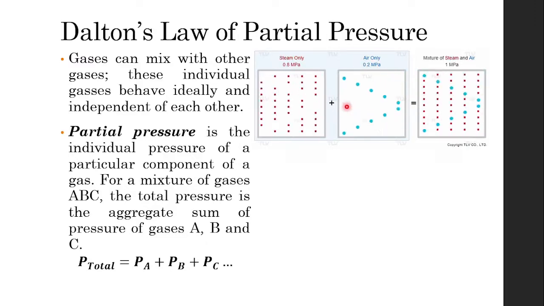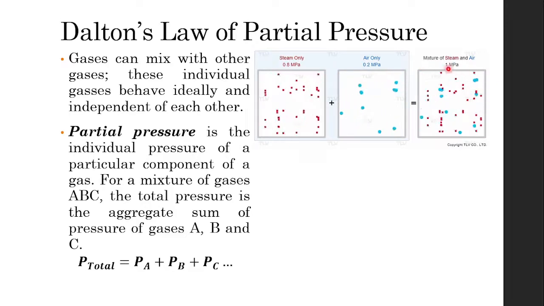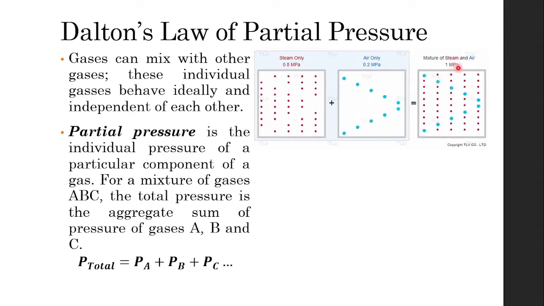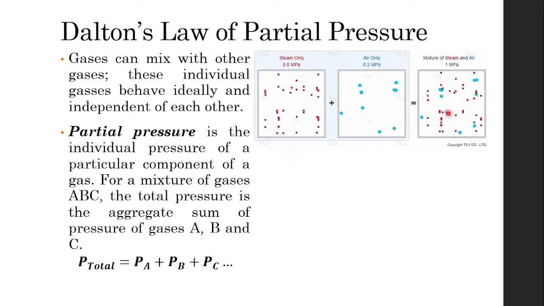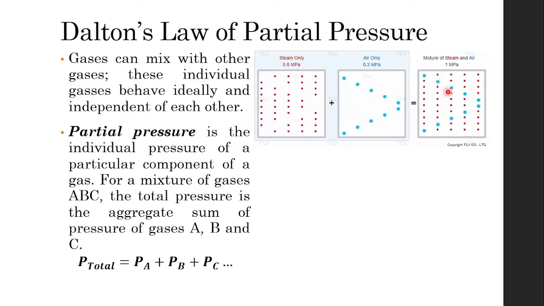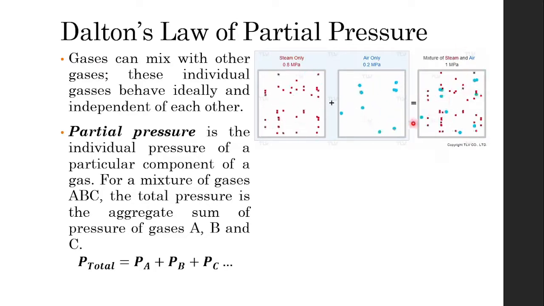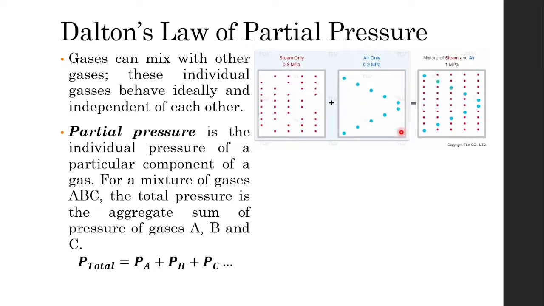If you mix these two, you will have a total of 1 megapascal, because we just have to add the partial pressure of each individual gas to get the total pressure of the mixture of air.